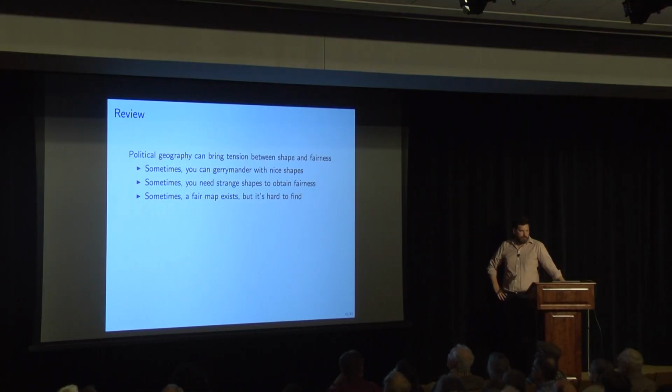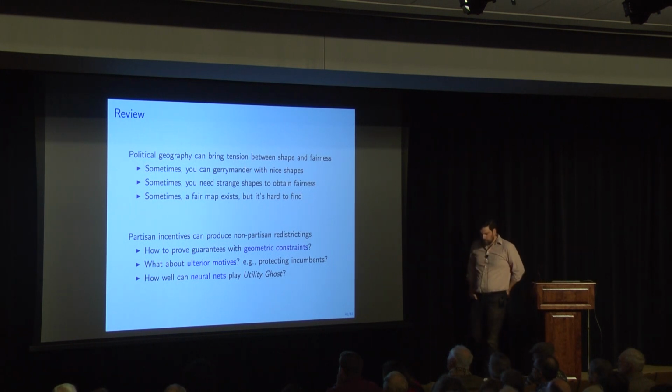So I spent the first couple of parts of my talk conveying to you that shape is not the right thing to zero in on for gerrymandering. You can gerrymander with nice shapes, thanks to the ham-sandwich theorem. Sometimes you need to use strange-looking shapes in order to accomplish a fair end, fair redistricting.